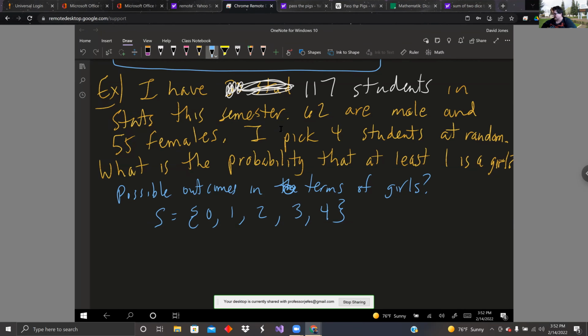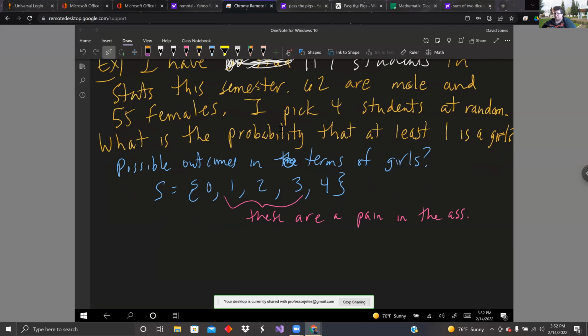I can tell you right now, these are a pain to calculate. Zero and 4 are a little bit easier. But when we do 5.3, you're going to see just how much of a pain that is, because let's look at just doing 2 boys.